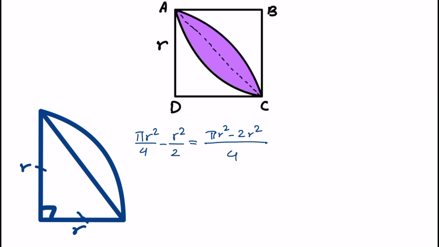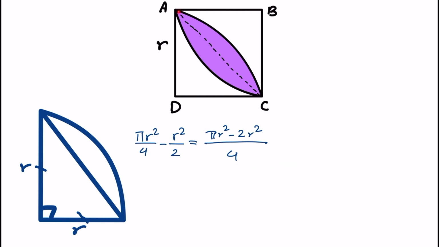We can do the same thing with the quarter circle ABCA and the right triangle ABC, and if I subtract the area of this right triangle from the quarter circle, I will obtain the area of the lower part, which is going to be exactly equal to this one.